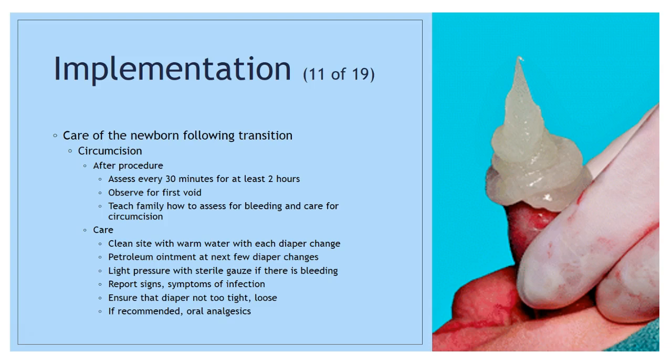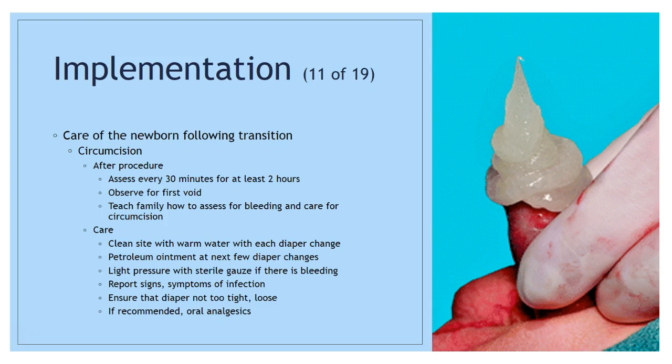We use petroleum ointment at the next few diaper changes, and we make a nice little ice cream cone on the top of the penis over the glands where the excised foreskin is. And the reason that we do that is to keep the circumcision from sticking to the diaper.